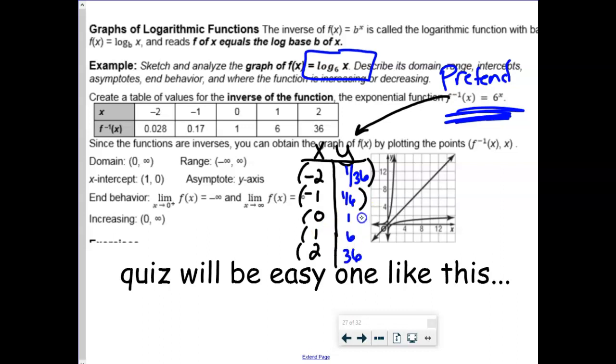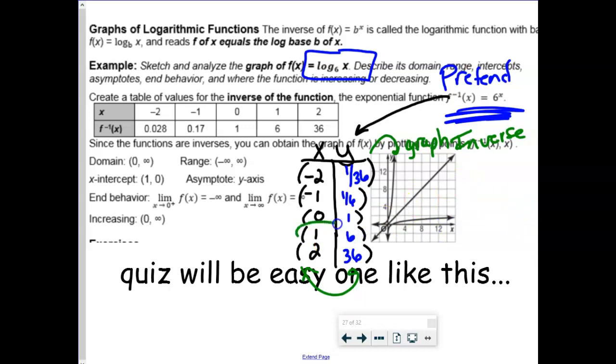Now we're in another bit of a jam because I don't even want to graph this. What do I want to graph? Yes, I want to graph the inverse. So you just flip the points around. You take all these x, y ordered pairs and flip them. The first thing I'd ask you to graph is 36, 2. Are you seeing any problems here? It's way over here, so I can't graph that.